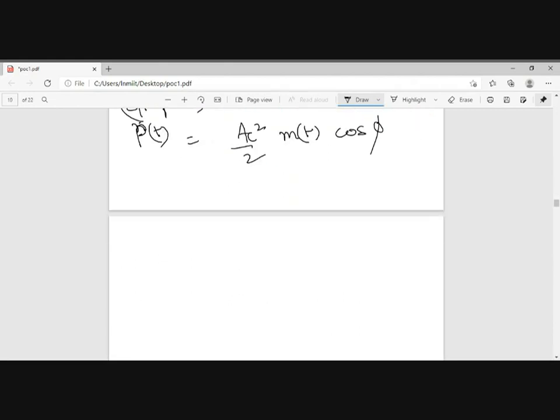So when cos φ is equal to 1, that means φ is equal to 0 degrees, there is no phase error.